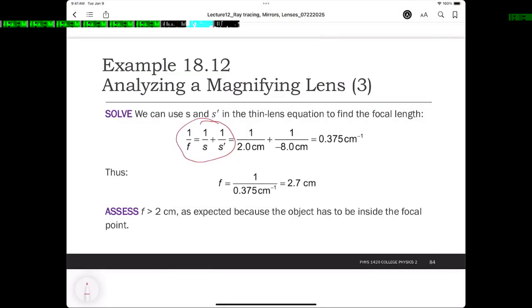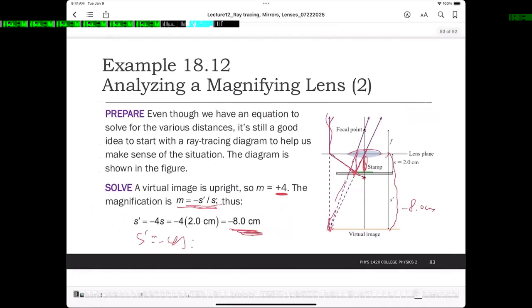Okay. So we can use s and s prime in the lens equation to find the focal length.